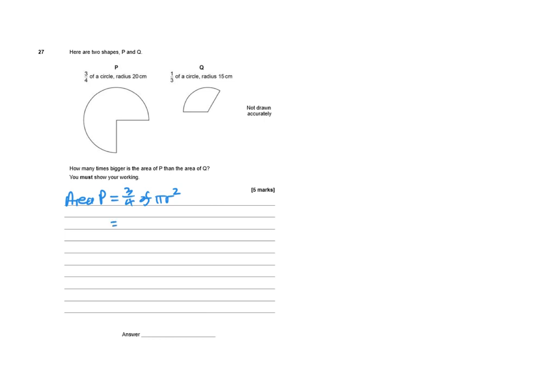And that would be 3/4 times pi times 20 squared. 20 squared is 400, so we want 3/4 of 400 pi. So 400 divided by 4 is 100, times by 3, I reckon that's 300 pi.